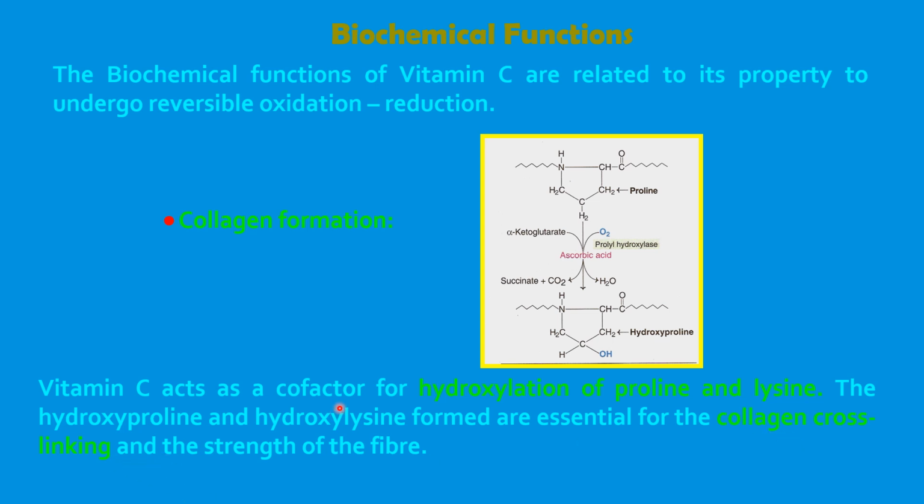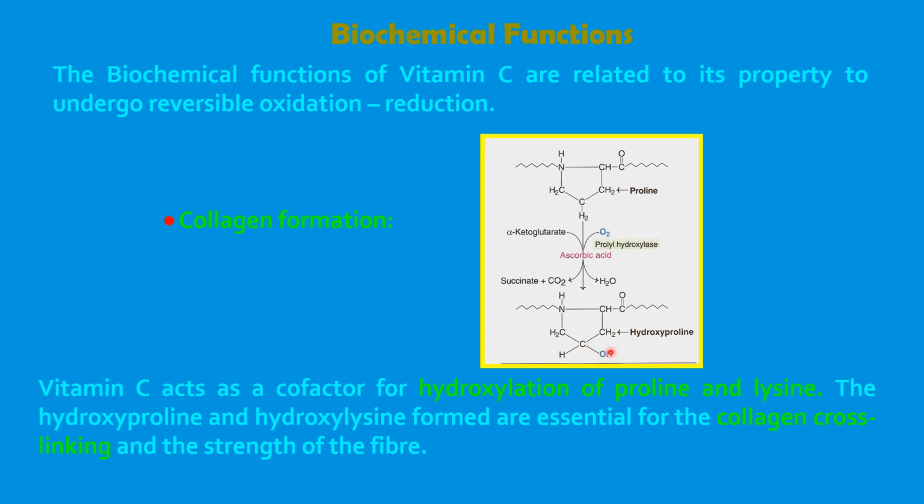So now where does vitamin C come in? Vitamin C comes in the addition of the hydroxyl groups to proline and lysine to form hydroxyproline and hydroxylysine. Here's an example. You can see here is our proline. It is hydroxylated with ascorbic acid as a cofactor, and we can see we add a hydroxyl group here that was not present previously. Okay, it was CH2, but now we have CH and an OH attached to this carbon.